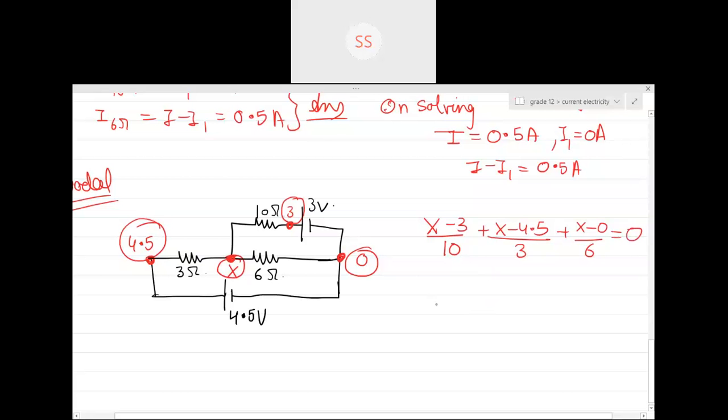Is this the nodal equation? Everyone, this is the equation. Now, when you solve it, x will come. When you solve this, x will come 3 volt.